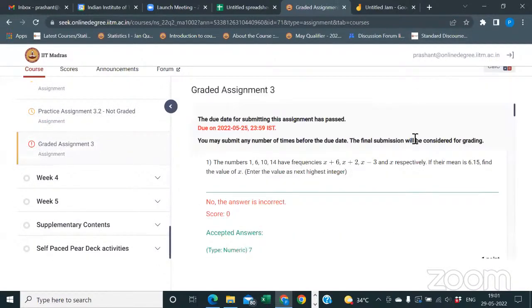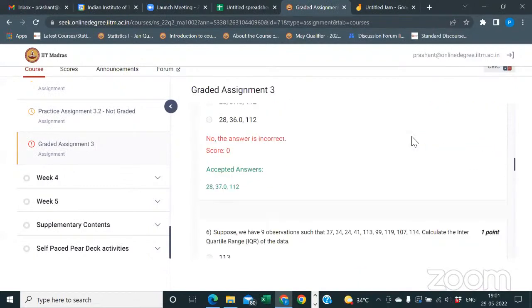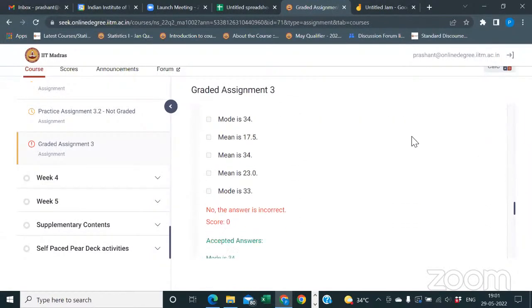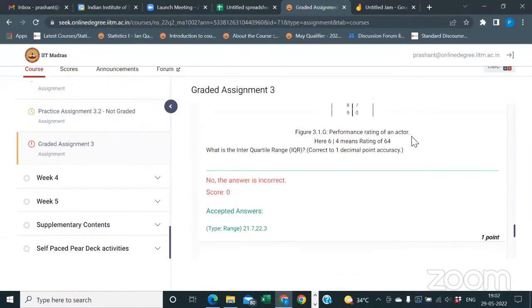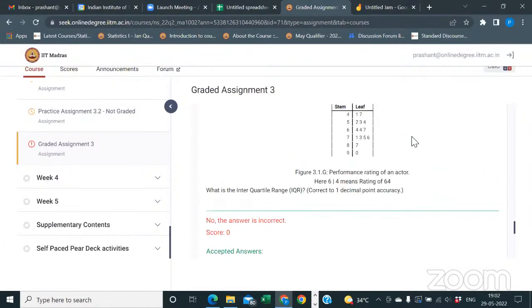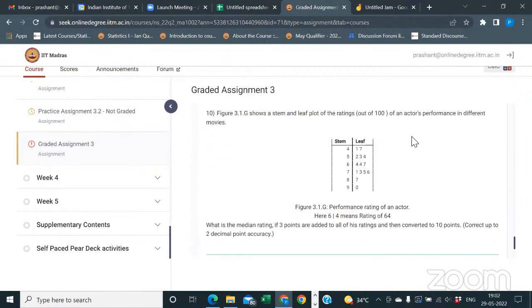I didn't remember the question number. This one? Sir, in my question, it is asking about the range in a Stamley plot, below the IQR question. Yes, the 10th question.